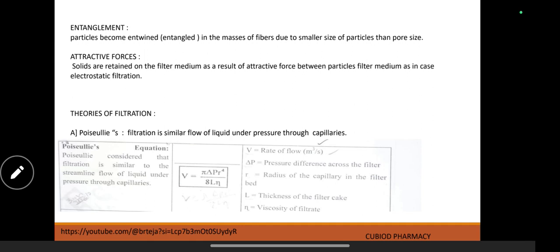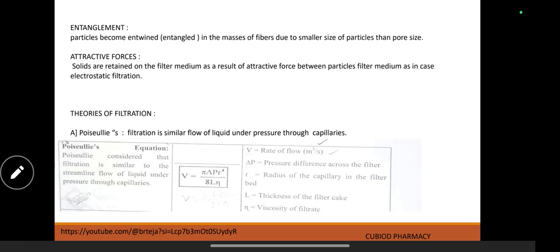Some filtration instruments and their uses depend on theories. Filtration theories: there are totally three types. First one, Poiseuille's theory. Filtration is a streamline flow of liquid under pressure through capillaries.